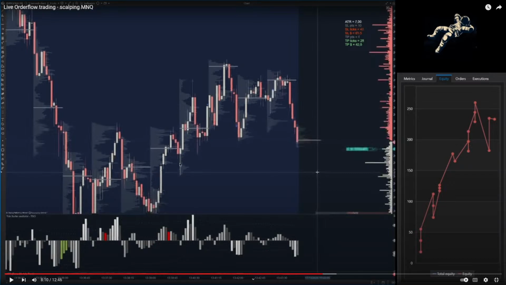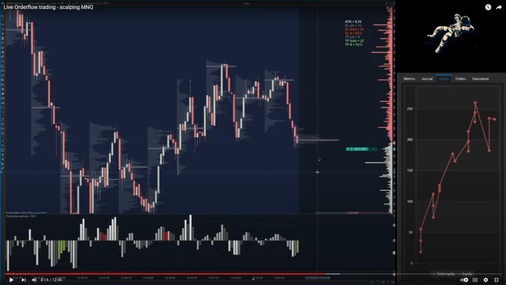You could argue that price tapped into it and then continued up higher, but I choose to put it at a pretty aggressive entry right there because I see this swing as the swing that most traders and most algorithms will be looking at. So let's see what happens.